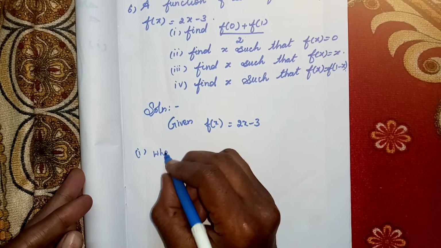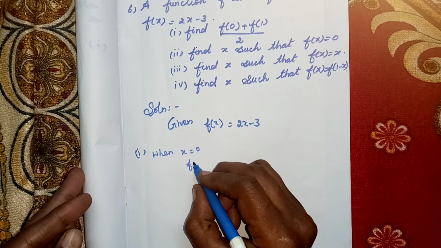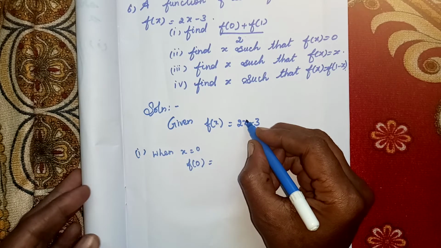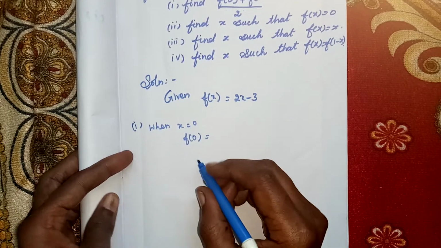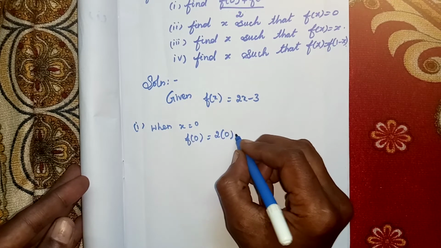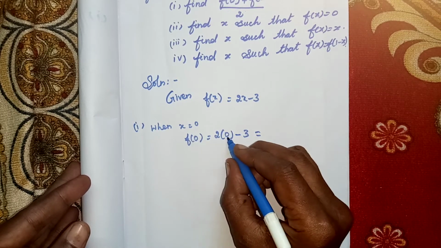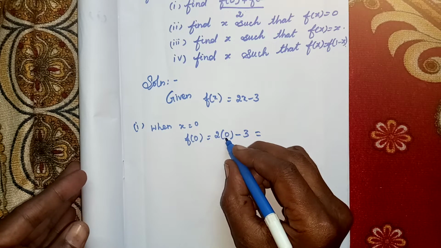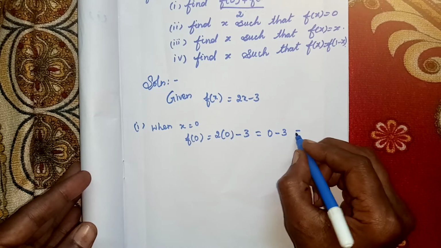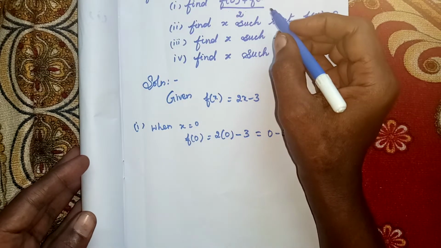When x = 0, f(0) = 2 × 0 − 3. 2 into 0 is 0, since any number into 0 is 0. 0 − 3 is equal to −3. Clear? This is f(0).